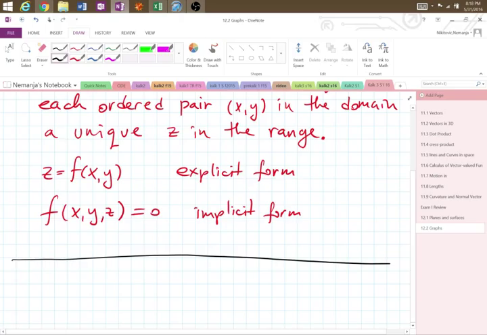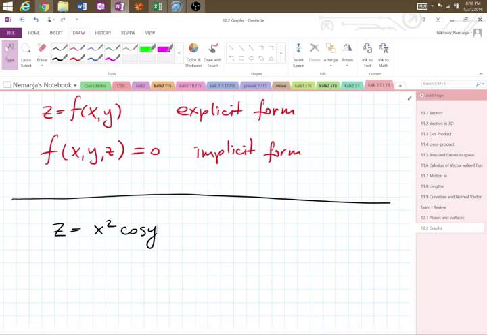So what are the quick examples? The quick examples would be, let's say, z equals x squared cosine y. That would be an example of a function, and that would be explicit, because we are able to write z equals everything else. And let's go with the implicit form.